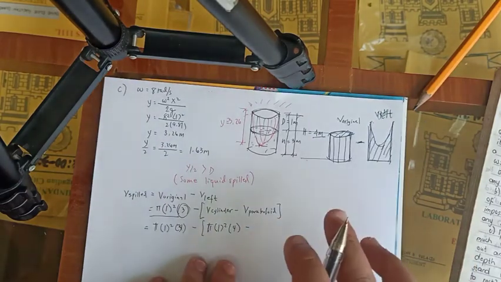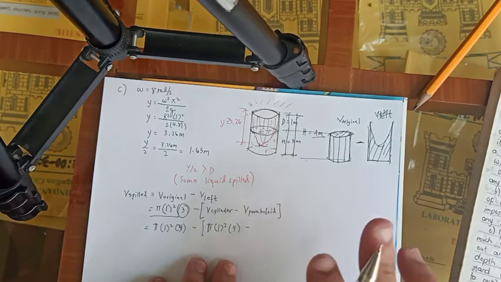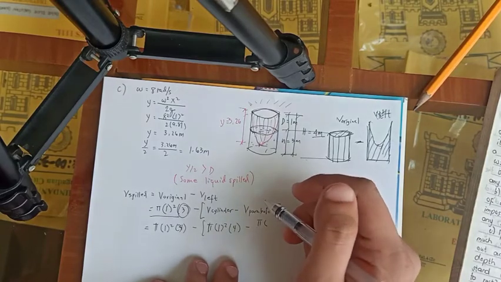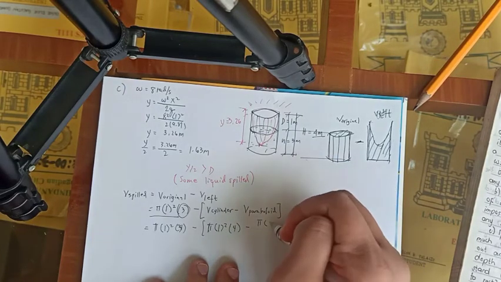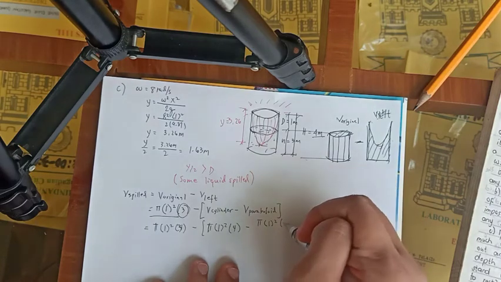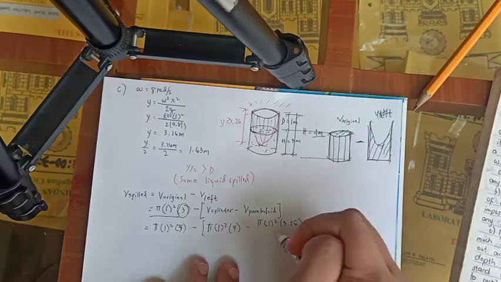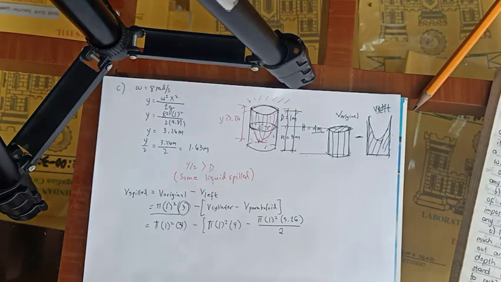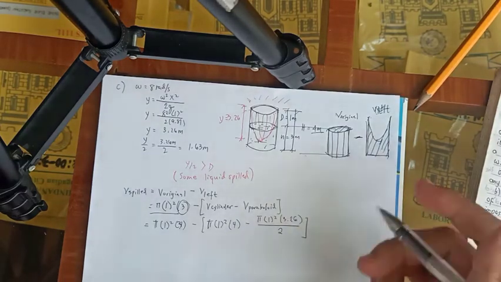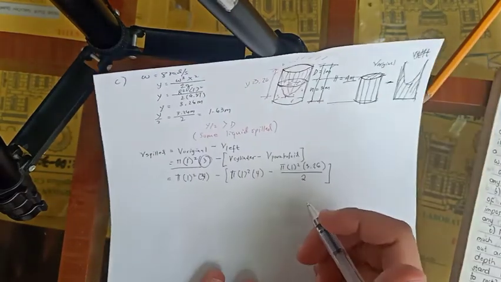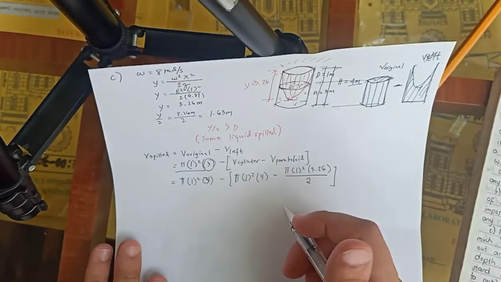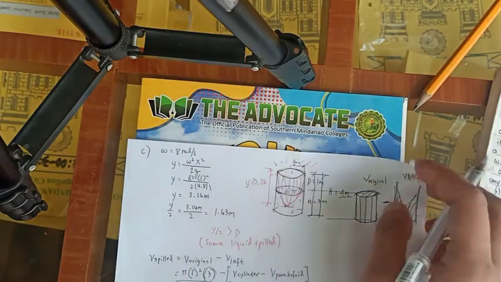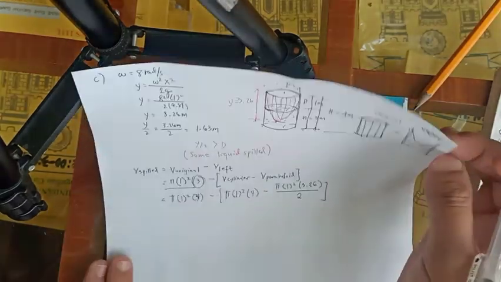And now for the paraboloid, we use pi r squared, 1 squared, times 3.26, this is the y over 2, to get the area. One squared, 1 meter, and the y.